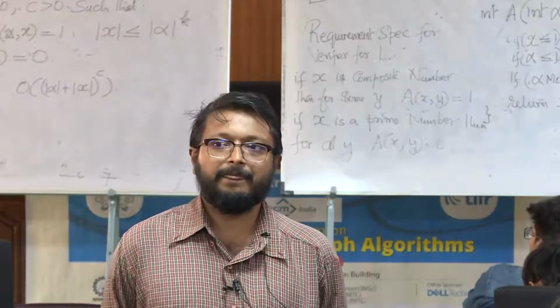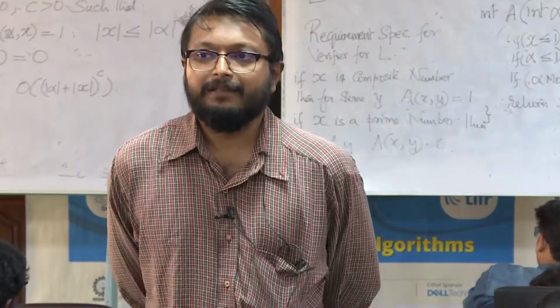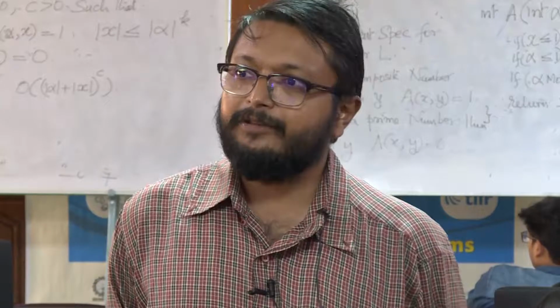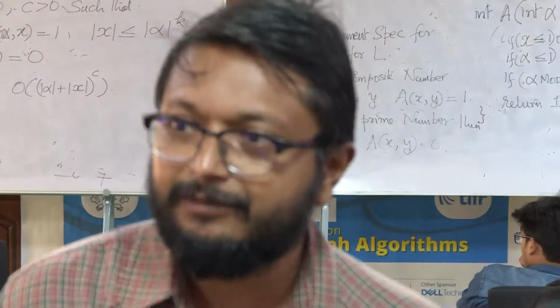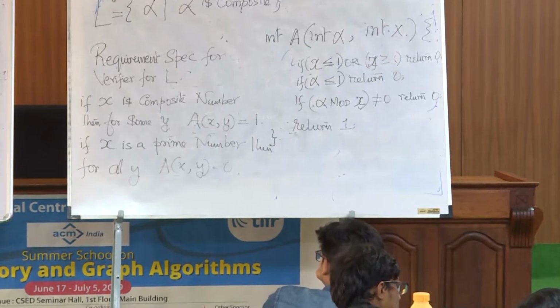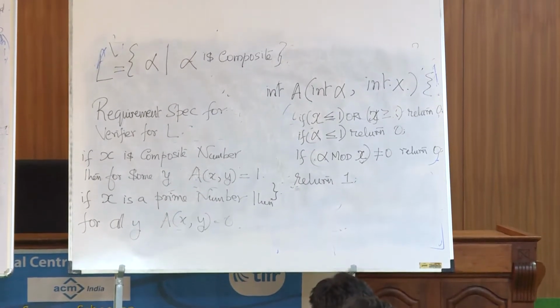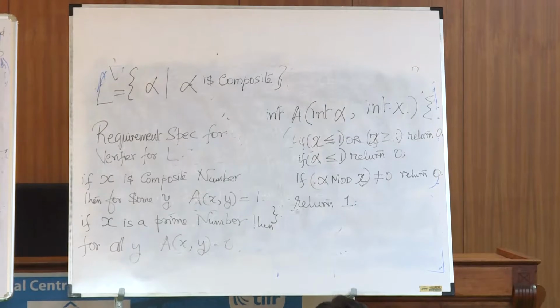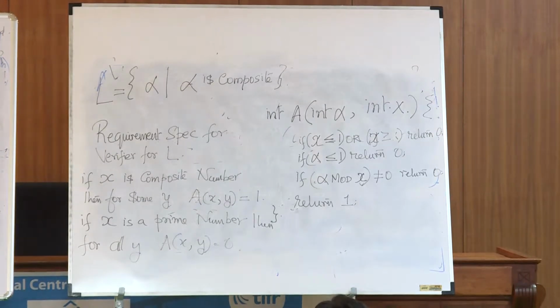Okay. So given an algorithm, you know the notion of time complexity, right? How many key operations are done as a function of n? If n is the input size to that algorithm, then it will have some time complexity T of n. T of n by n raised to c ratio should be bounded.